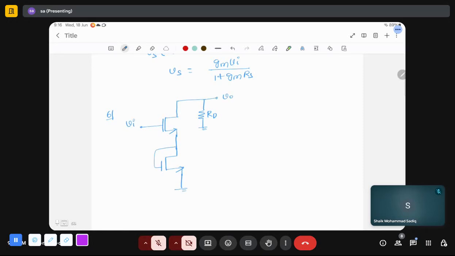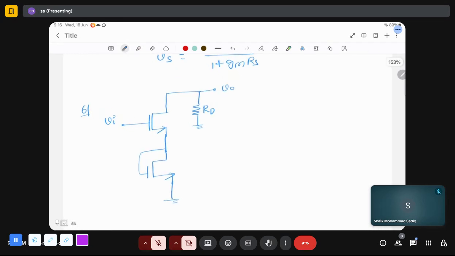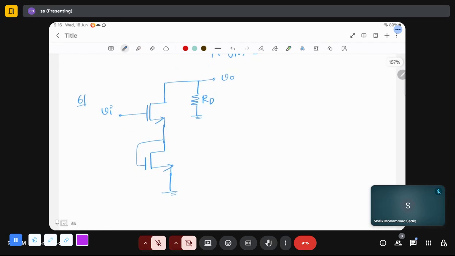What is the gain? Can anyone tell quickly without small signal analysis? Assume both the gm are equal. gmRD. gmRD.